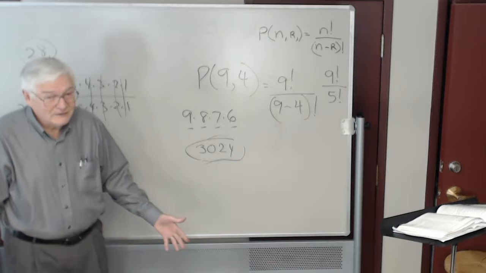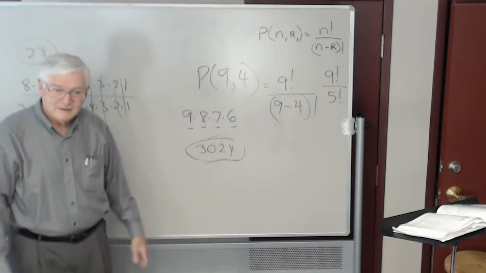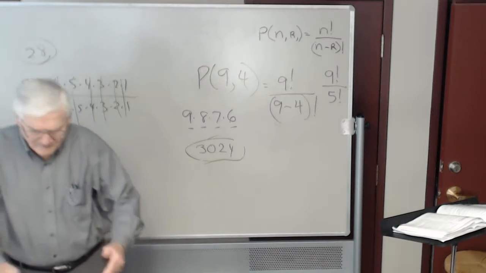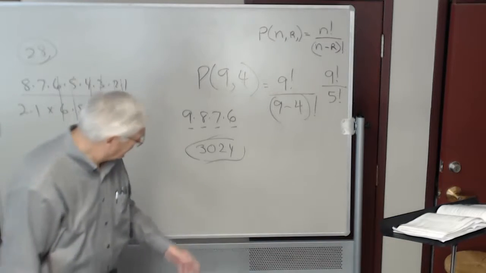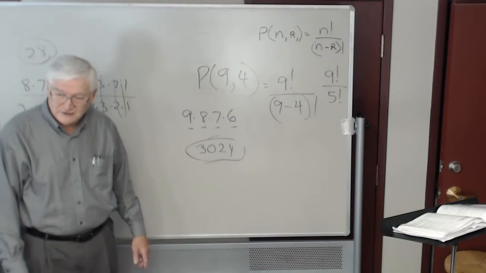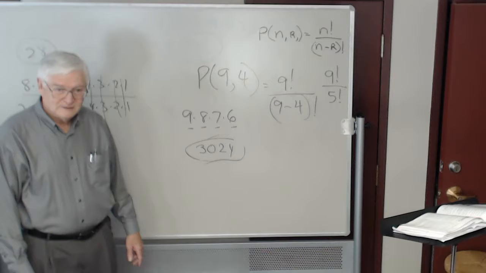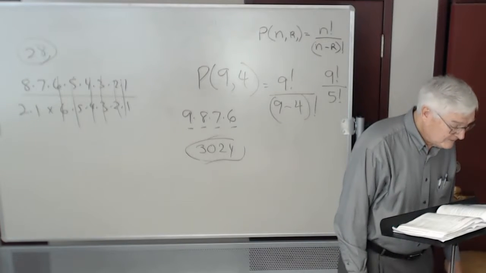Now, I'll just tell you that when I say that, that sounds too big to me. 9 people in the room, 4 chairs here in the front of the room, and there are 3,024 different ways to seat people in those 4 chairs? Yes. What problem is that? Number 14. Okay.